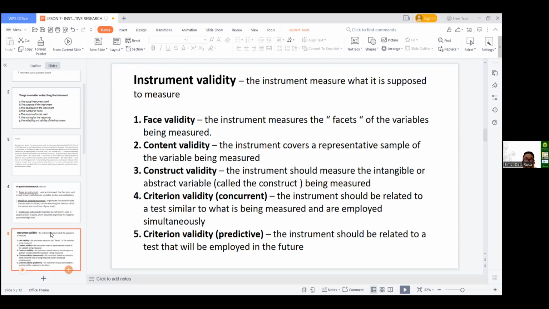So that's face validity. And although it's the least reliable measure of validity, it's the shortest way of saying the instrument has face validity because the facets or the features of the variables being measured have been accounted for.